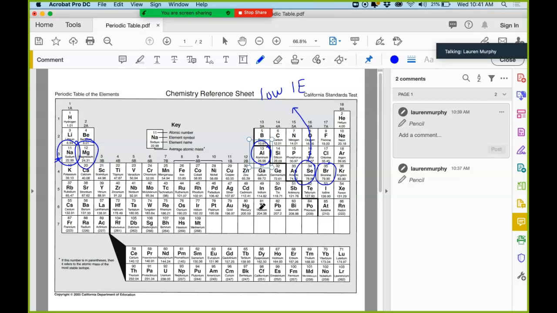Okay, it has a weaker effective nuclear charge. So because it's larger, its electrons are further away from the nucleus. Because its electrons are further away from the nucleus, it has a lower ionization energy because it's easier to remove those electrons, because they don't experience as strong of a force of attraction as bromine does.